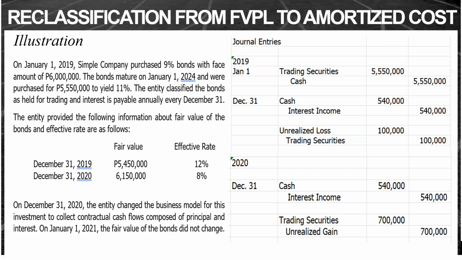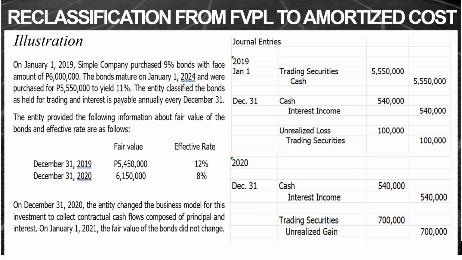So, just take note that on December 31, 2020, there is now a change in business model. And then, because December 31 man tayo nag-change ng business model, ang reclassification date will be on January 1, 2021. Okay?